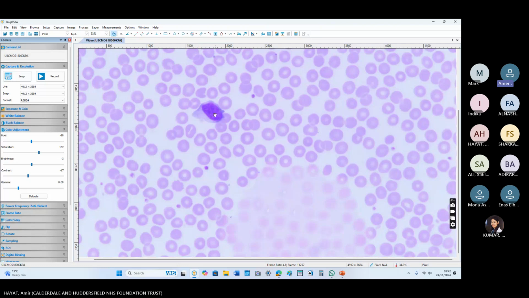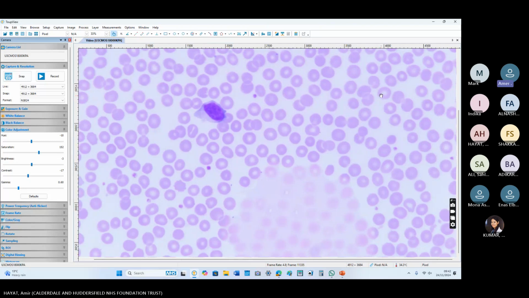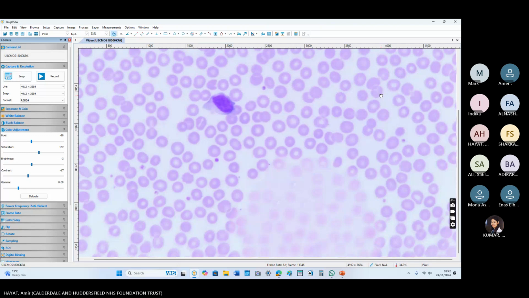So this is a quite large lymphocyte, but it has a basophilic cytoplasm, and it is a mature one, and there is no blast in it.